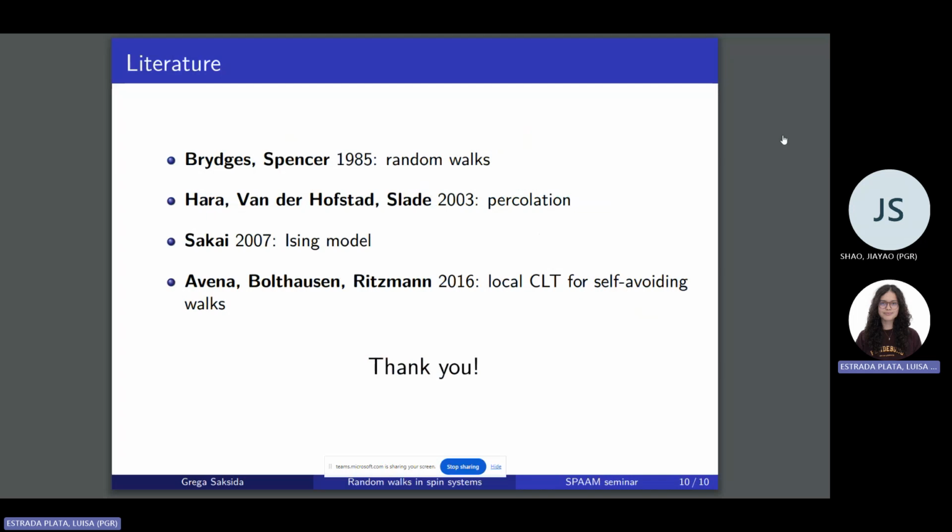Roughly, percolation is a study of, if you have some big connected components in 2 dimensions, how big those components are and whether they are infinite. In 2007, it was used on the Ising model, the model I mentioned at the beginning. And in 2016, it was used to derive a local central limit theorem for self-avoiding walks. So it's still useful even if you just use it for self-avoiding walks.